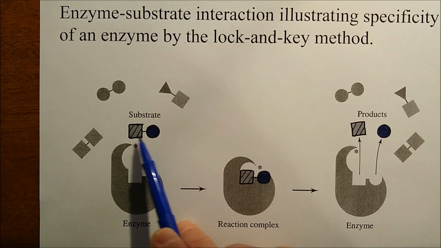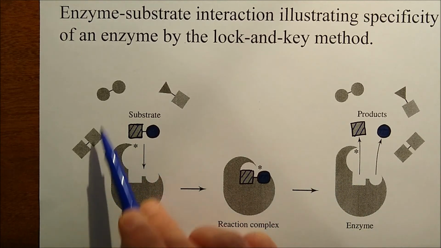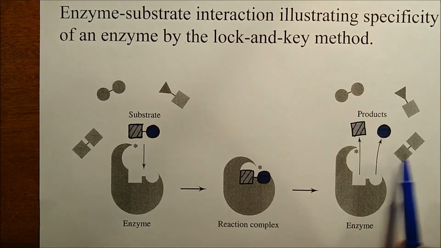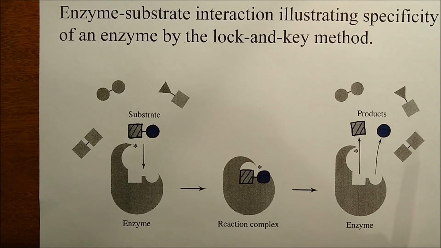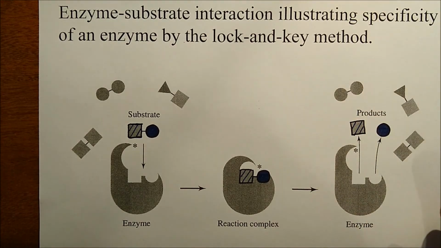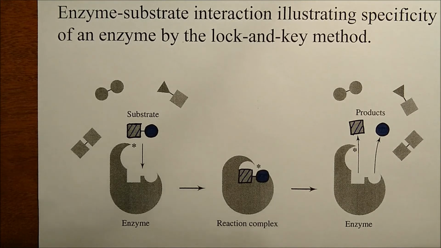But only substrates that have a very specific shape will fit. Molecules that have different shapes, like these, would not fit inside this particular enzyme's active site. So enzymes are very specific. Each enzyme will catalyze only one specific reaction. And if you read anything about this, you'll notice that the names of enzymes almost always end in the suffix -ase.